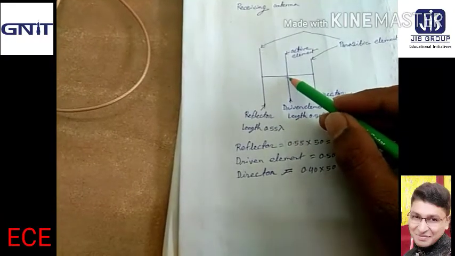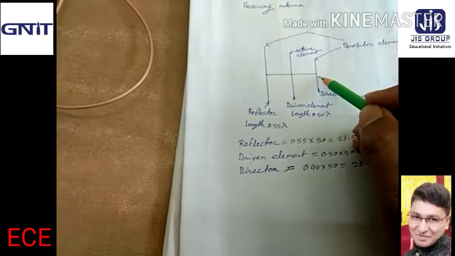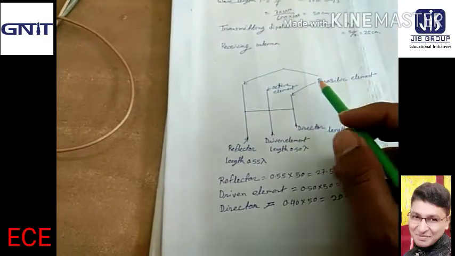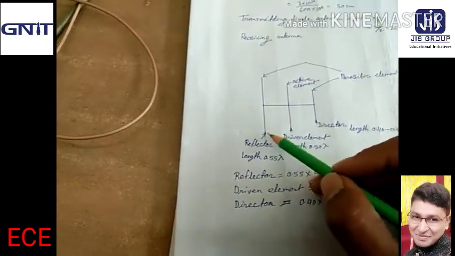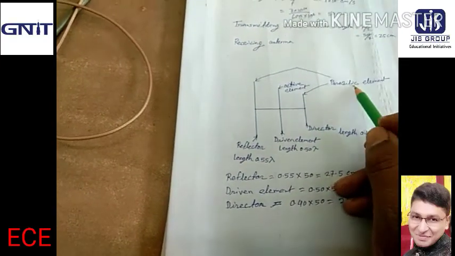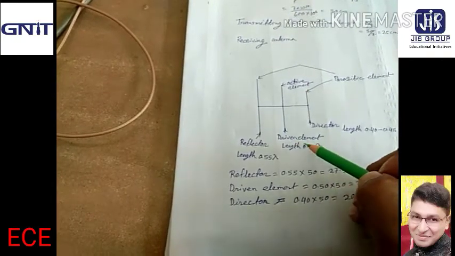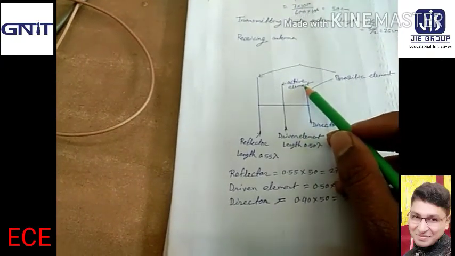Only the driven element is the active element, and the reflector and director are parasitic elements.